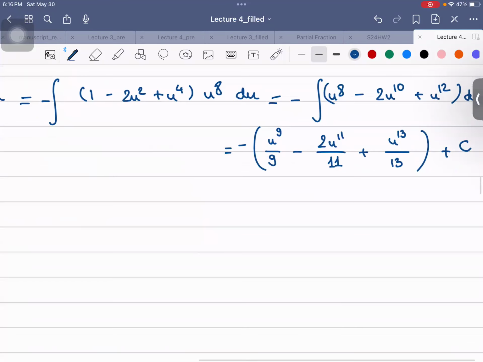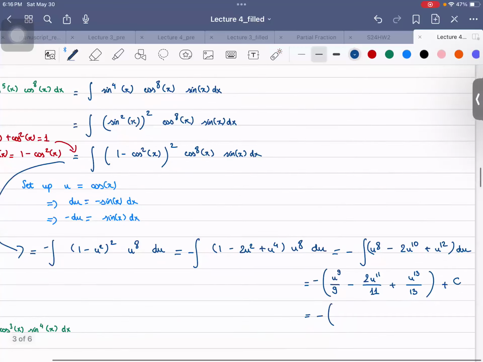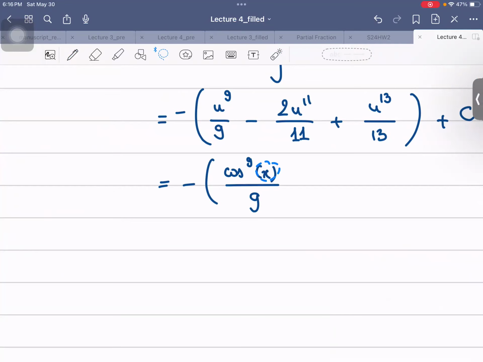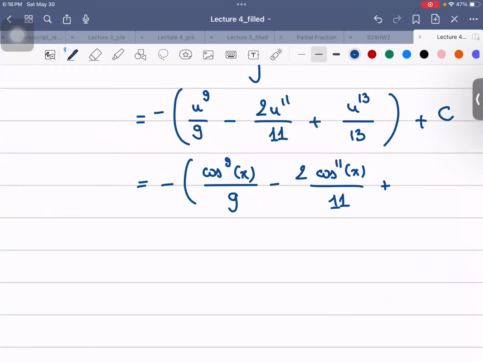One more thing, remember to return this into a function in terms of x. Initially, we set u equal to cosine of x. So I will have cosine to the power of 9 divided by 9, 2 cosine to the power of 11 of x divided by 11, and cosine to the power of 13 of x divided by 13.